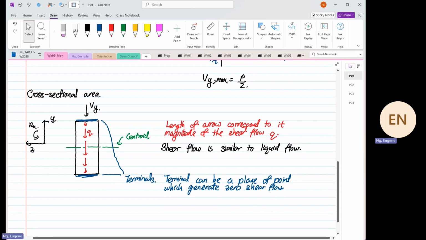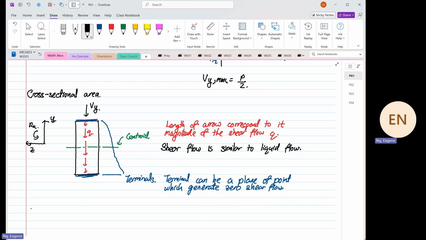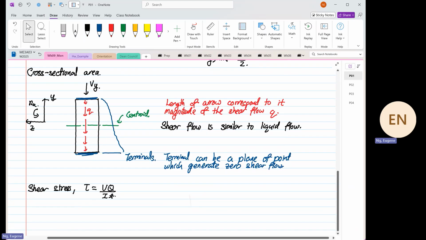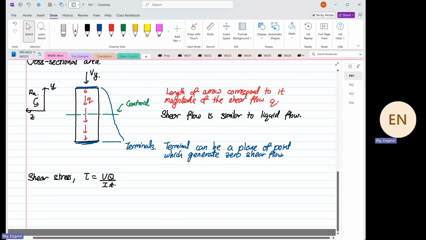Now, the next thing that I'd like to introduce to you is shear stress, and the formula is tau equal to VQ over IT. So the only thing that changes if we have shear stress is we have the what?